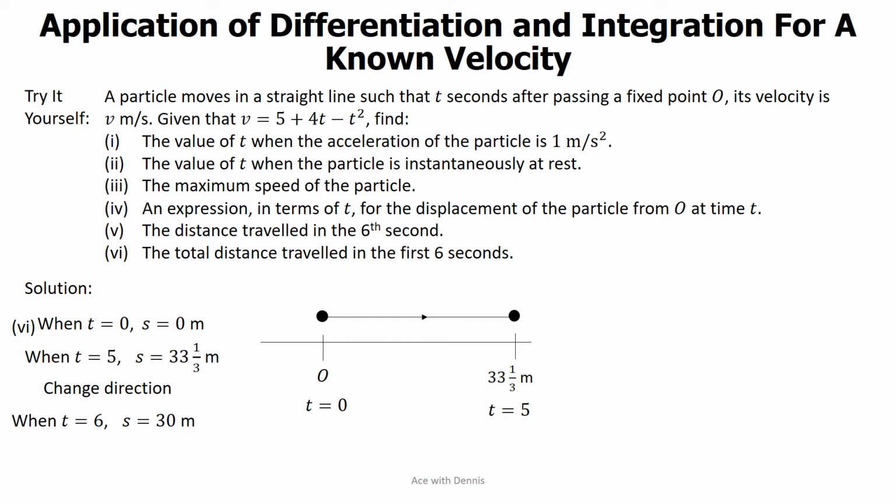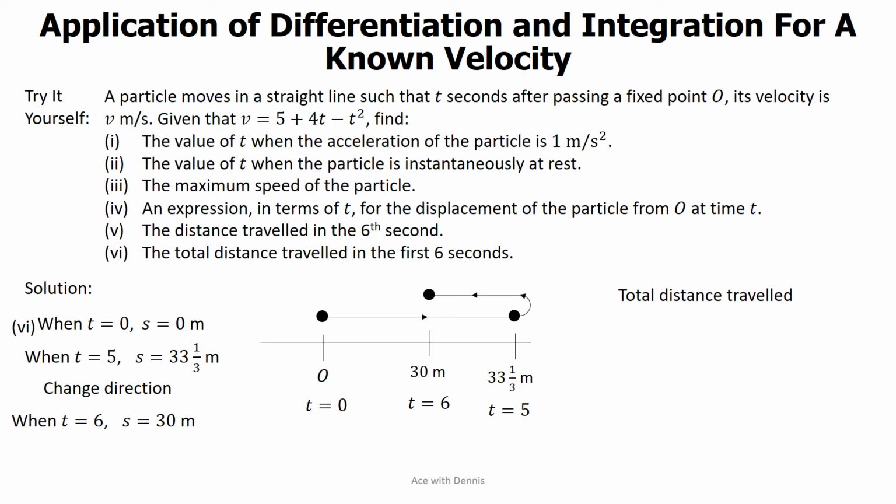And at this time, it changes its direction and moves towards this direction. When the time is 6 seconds, the displacement is 30 meters and the particle is at this point.